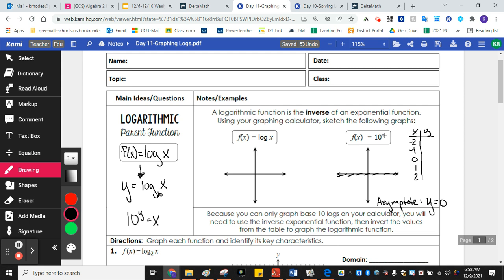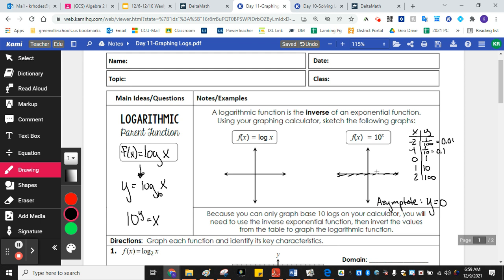Remember, anything raised to the 0 is 1, then 10, 100, 10 times 10. And then negative exponents give you those fractions. So 1 over 10, 1 over 100. 0.1, 0.01. I think that's right. And then those are the points we're graphing.